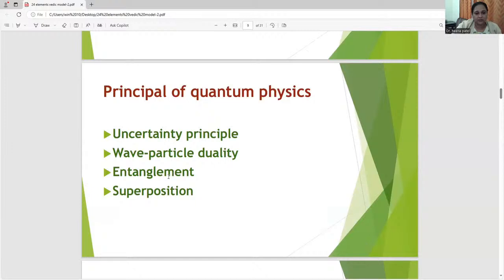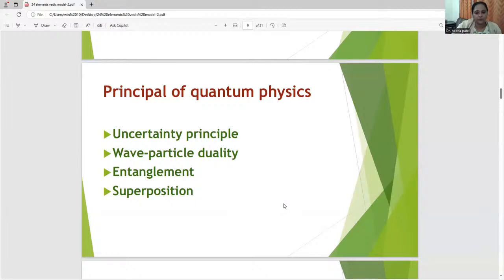That's called entanglement. And superposition is that if two frequencies, say one of 10 hertz and the other of 30 hertz, the third force which is generated is the sum total of these two forces. So 10 plus 30 is equal to a 40 hertz force generated.